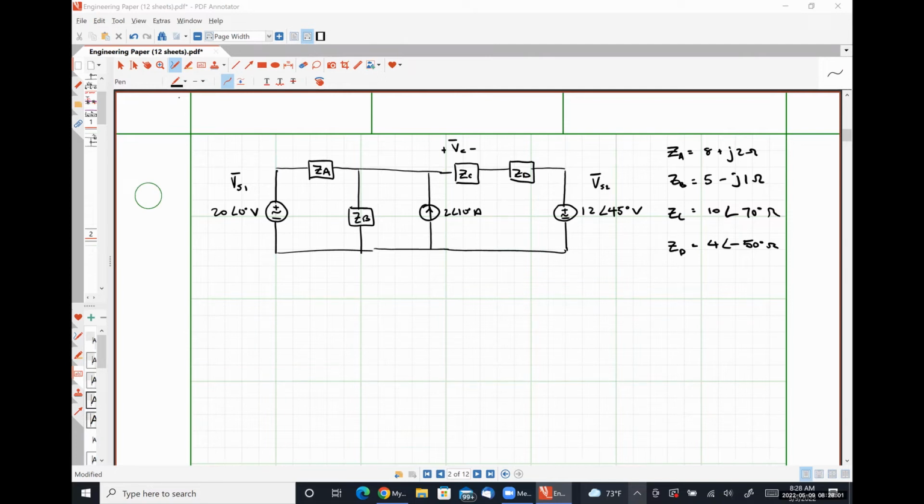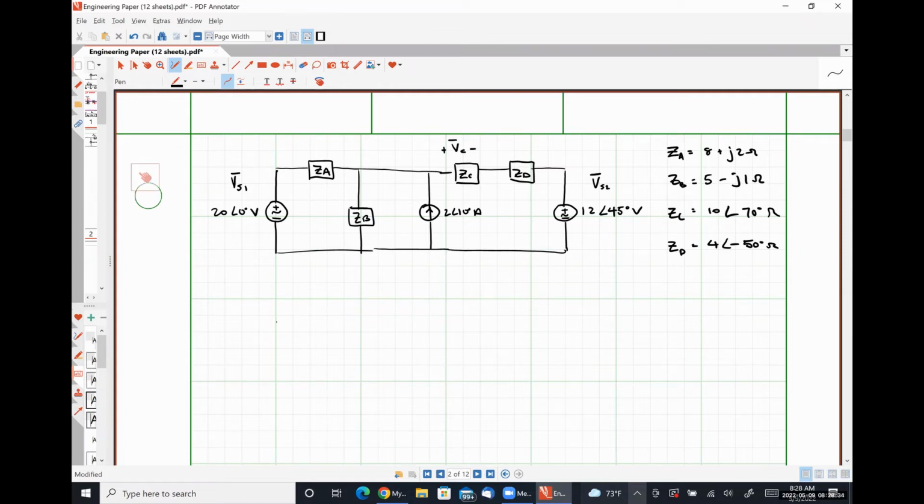So what we are going to do here is find the Thevenin equivalent circuit with respect to impedance ZC, and then use the Thevenin equivalent circuit to find the voltage drop over VC at the end. Whenever we're finding the Thevenin equivalent with respect to a particular circuit element, what do we have to do? We have to take the element in question out of the circuit, right?